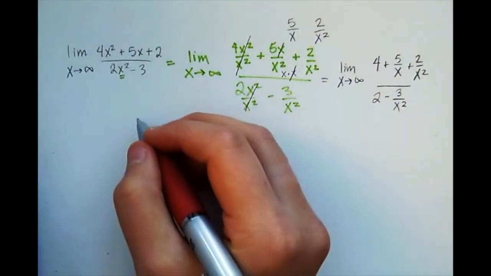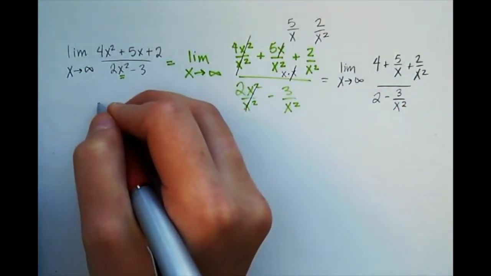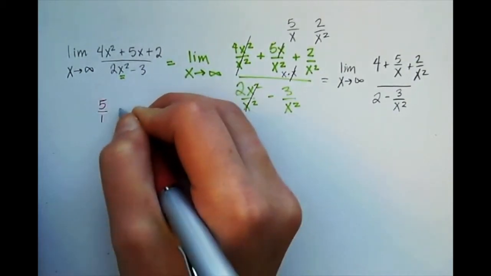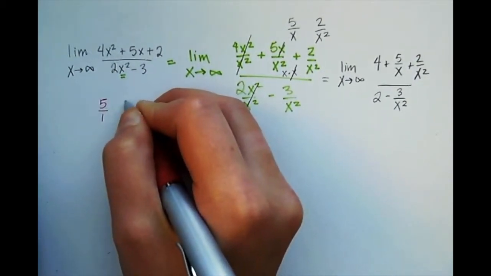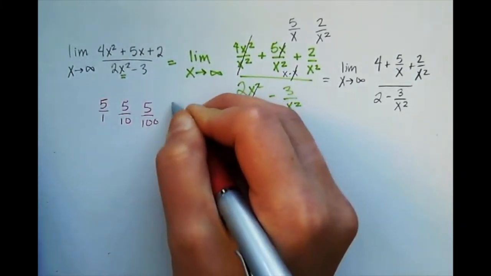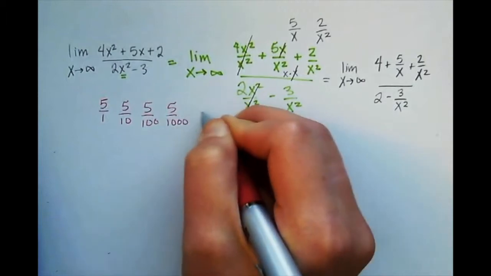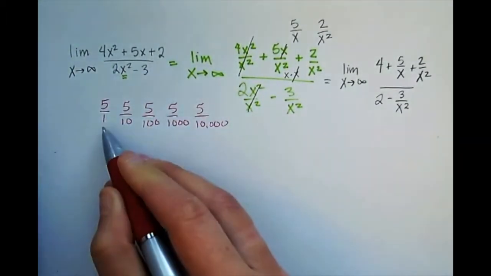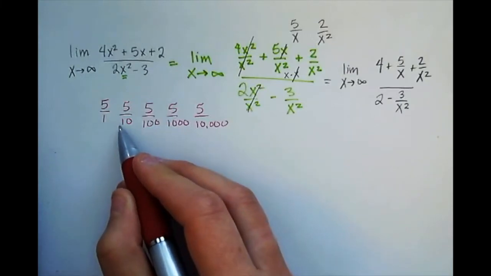So let's take 5 over x for instance. We have 5 over 1, and then it goes to 5 over 10, 5 over 100, 5 over 1,000, 5 over 10,000. What's happening is the x on the bottom is getting increasingly larger.